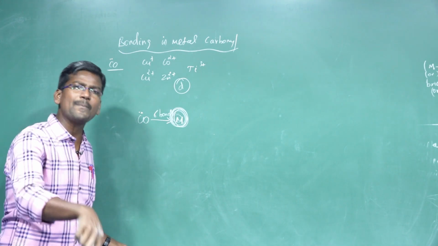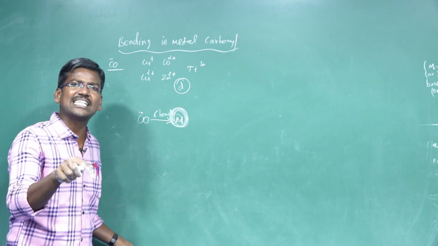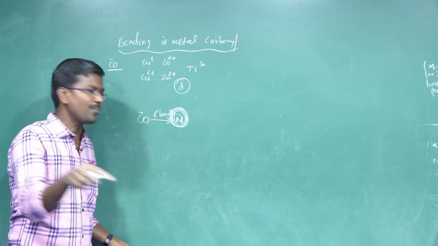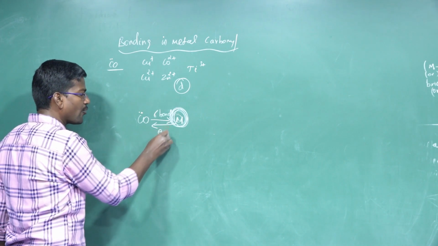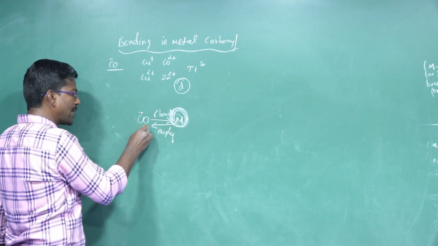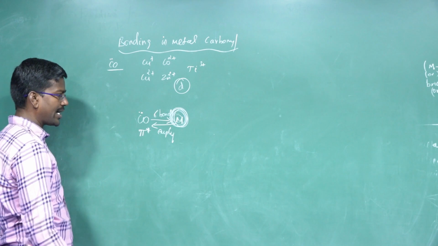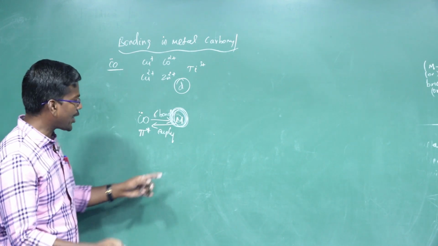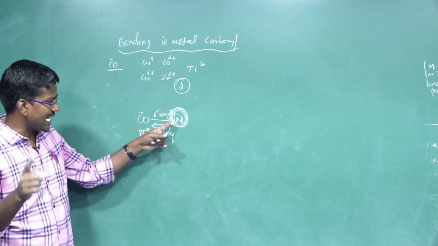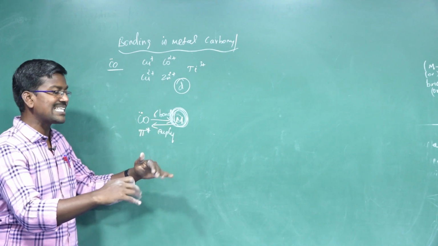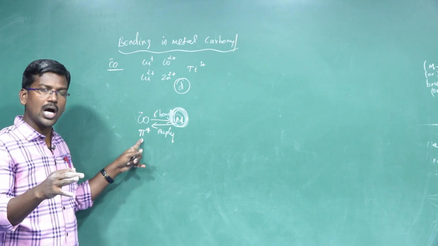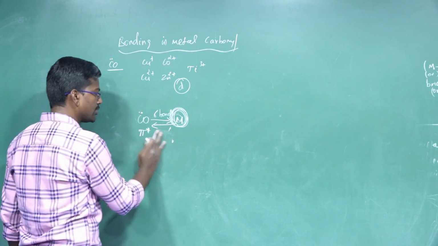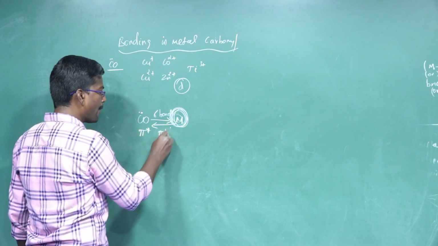In order to compensate the electron density of the d orbital in the central metal atom, it easily interacts with the empty antibonding pi star orbital to form a pi bond. This bond is known as a pi bond.